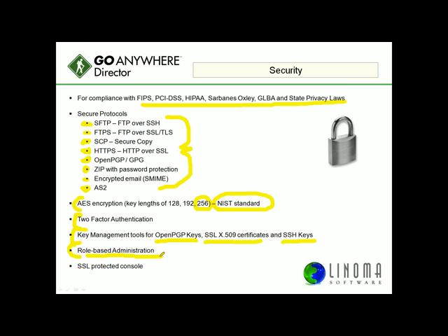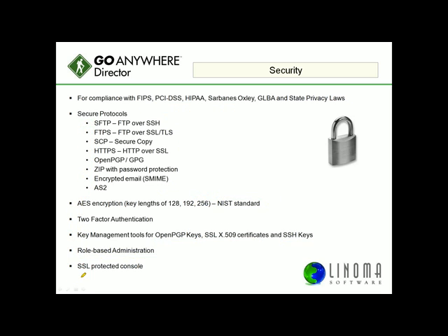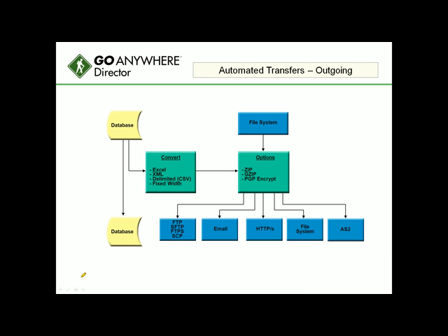You could have other users that can maybe just only execute those transfers or projects that you've set up. So you've got different levels that you can assign. And when you do come in through the product, you can do that all through an SSL protected console. So even the administration work that you're doing within the product is encrypted.